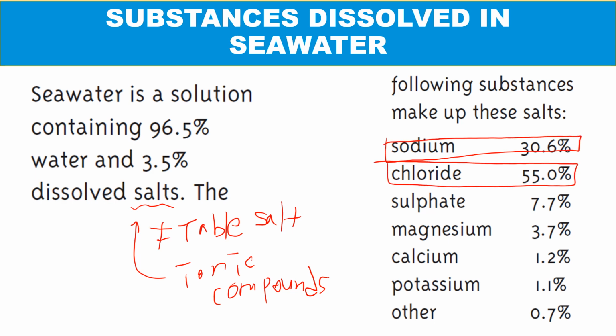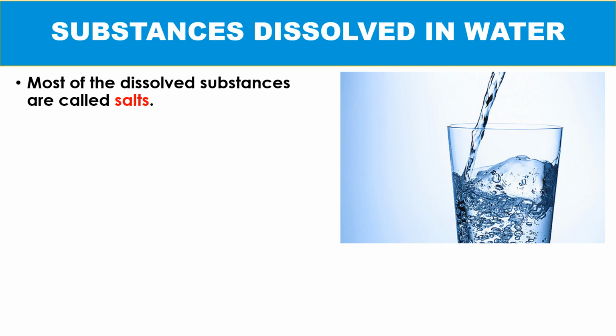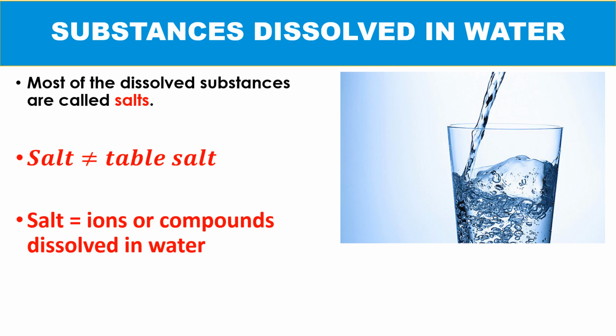But if you have ever accidentally drunk seawater, you will notice it's quite bitter, and that's due to magnesium and others. Thus, most of the dissolved substances, invisible to us at the atomic or microscopic level of ions, we call salt. Table salt specifically refers to sodium chloride.